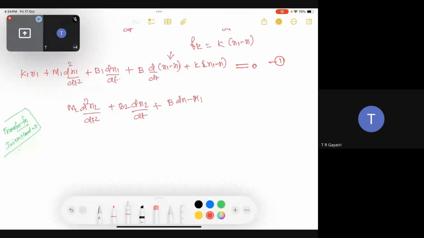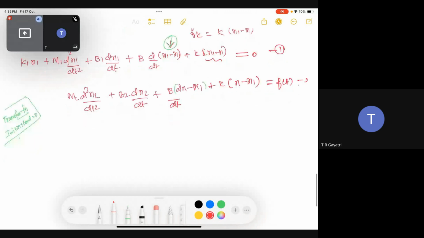So this is the way from which direction we are seeing. Plus k also will be x minus x1 instead of x1 minus x. So again this will be equal to the force, and later we will assume while making the changes.